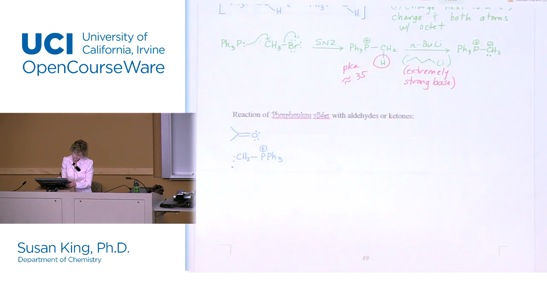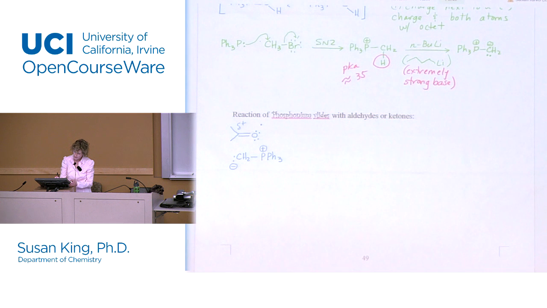And certainly if we draw the Wittig using the resonance structure where we have the charges, you can see that we have an electron-rich carbon, and we have an electron-deficient carbon on the carbonyl.